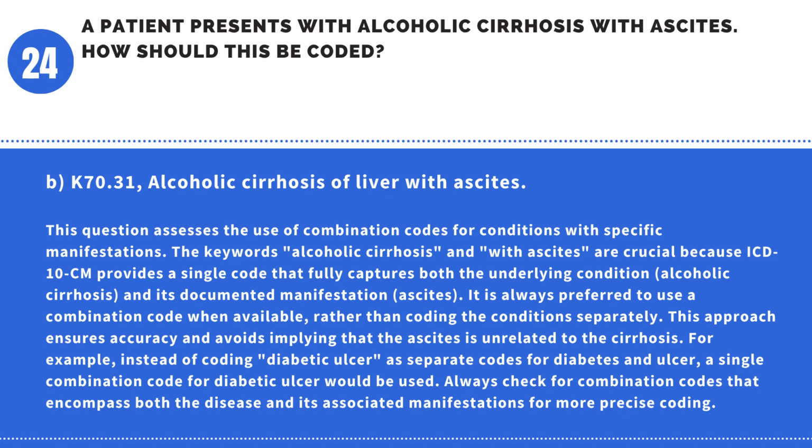This question assesses the use of combination codes for conditions with specific manifestations. The keywords alcoholic cirrhosis and with ascites are crucial because ICD-10-CM provides a single code that fully captures both the underlying condition, alcoholic cirrhosis, and its documented manifestation, ascites. It is always preferred to use a combination code when available, rather than coding the conditions separately.